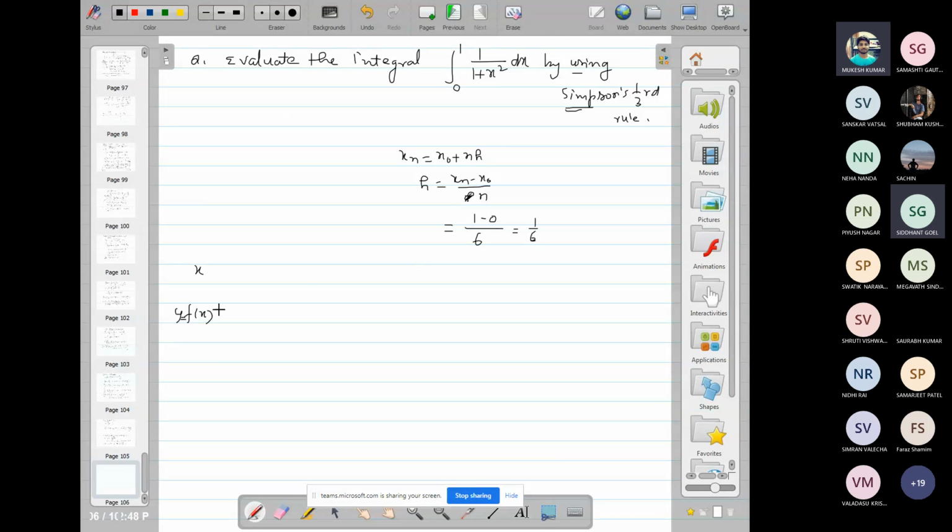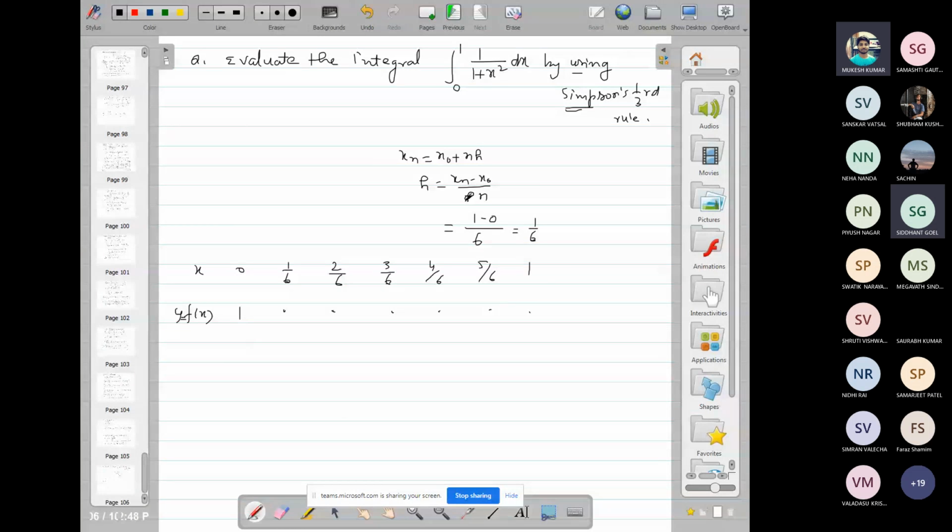The values of x are 0, 1 by 6, 2 by 6, 3 by 6, 4 by 6, 5 by 6, and 1. Then calculate the corresponding values of the function.